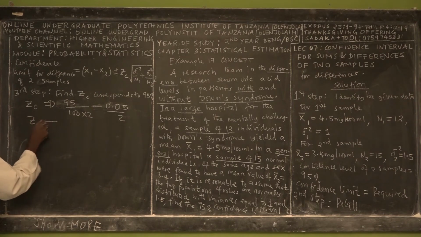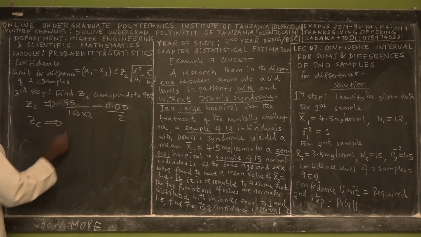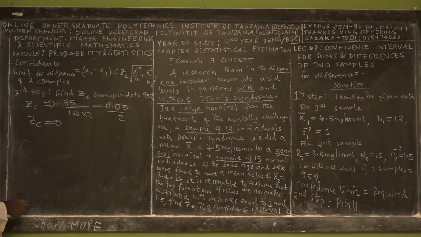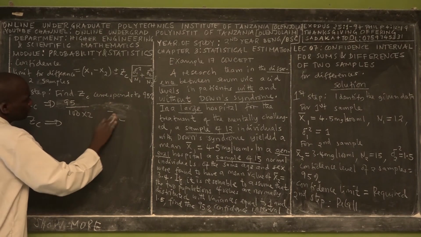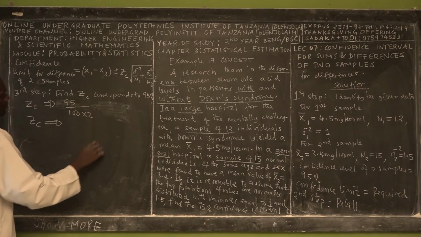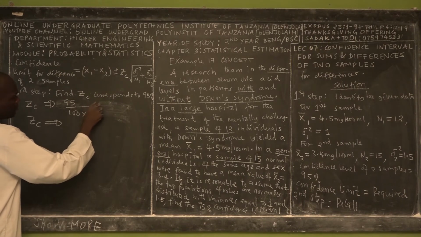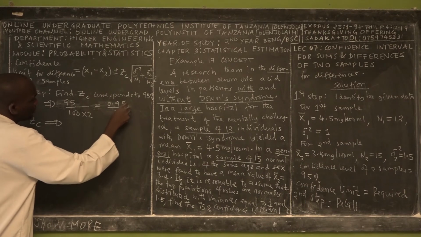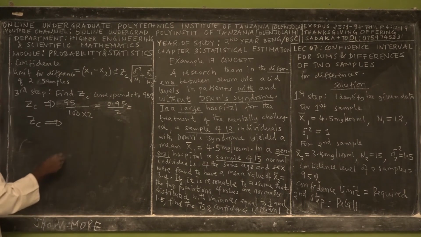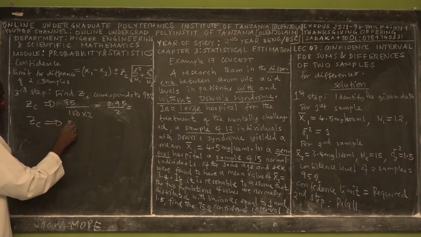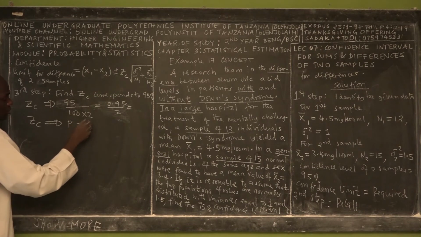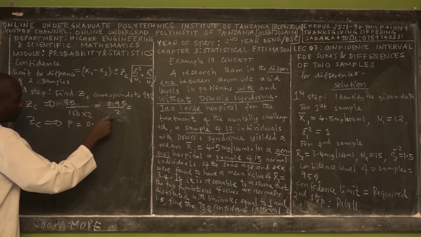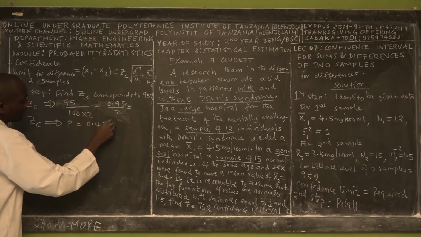So that ZC corresponds to 0.95 over 2, so this corresponds to the probability of 0.475.